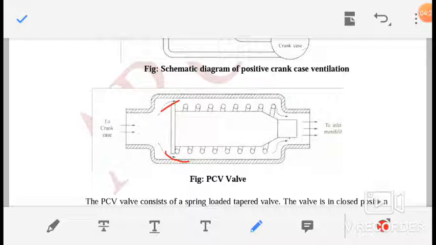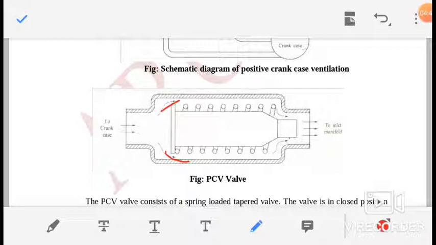So the intake manifold vacuum created here will decrease, so the valve will be open more during high engine load, and blow-by gases will escape from the crankcase.